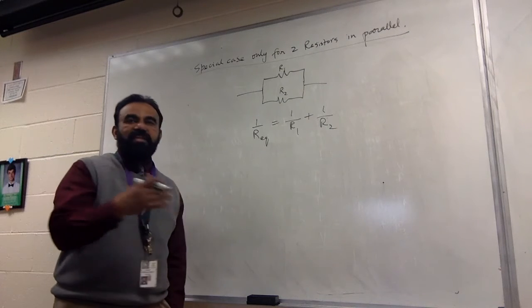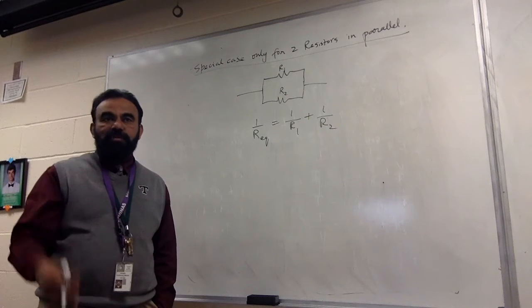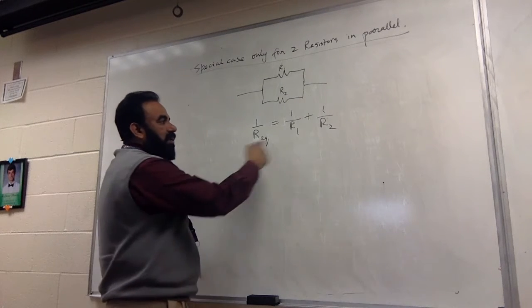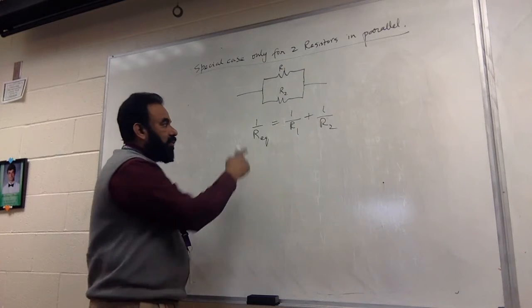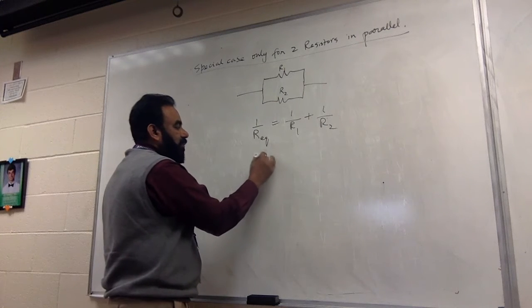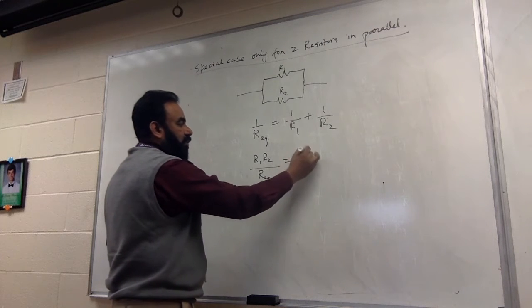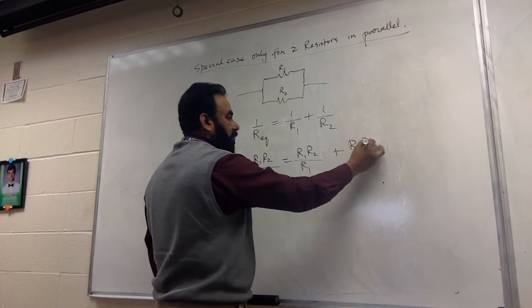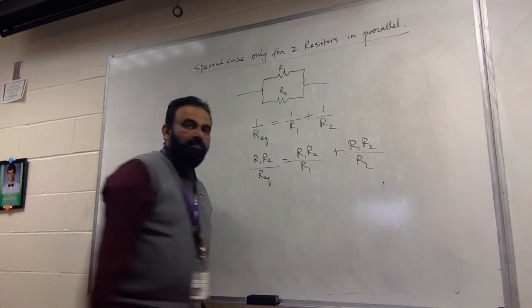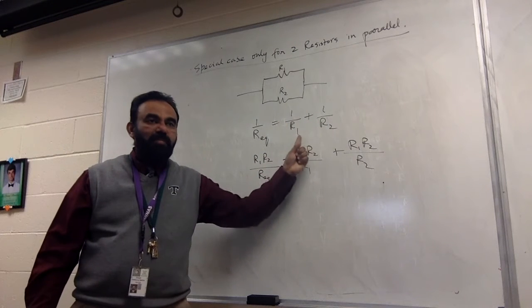You can do it by taking the LCM, or whatever method. Or just multiply the whole equation by the product of R1 and R2. So R1 R2 over R equivalent is equal to R1 R2 over R1 plus R1 R2 over R2. I'm just multiplying throughout by R1 R2 because it's the least common multiple of these two.